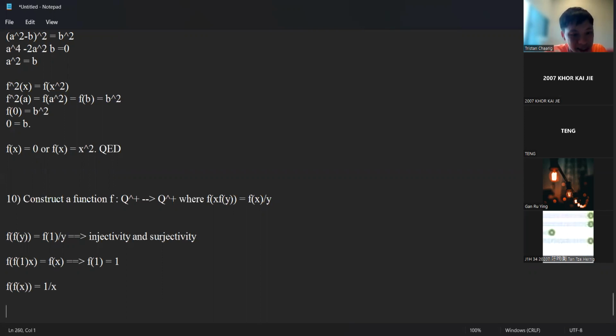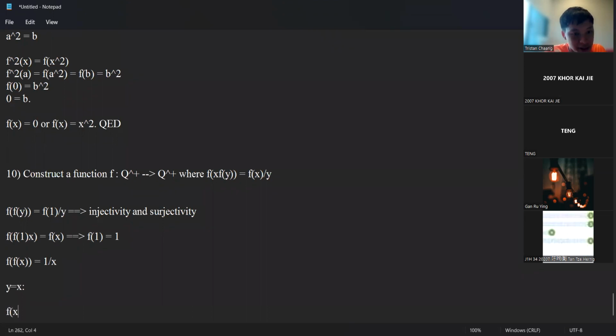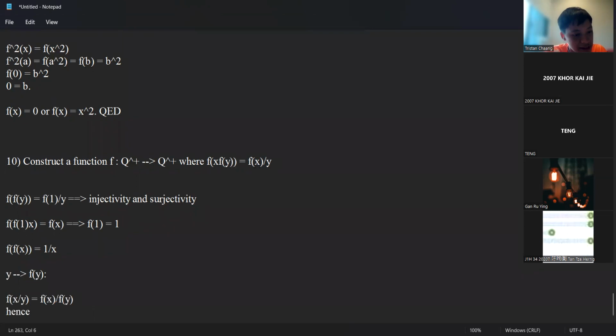Let's say I put y equals f(y). Then x times f(f(y)), which is this, equals f(x) over f(y). And hence, f(a) f(b) is equal to f(ab). So it's multiplicative.